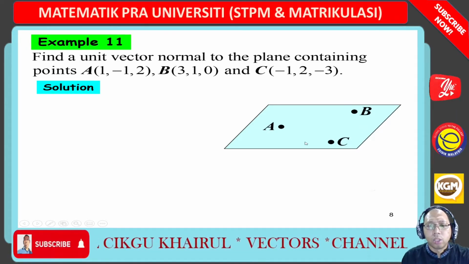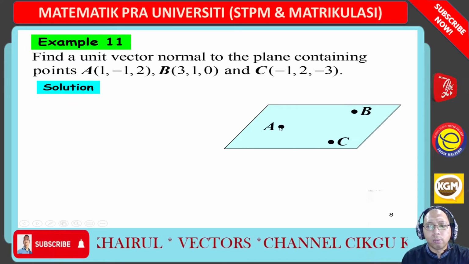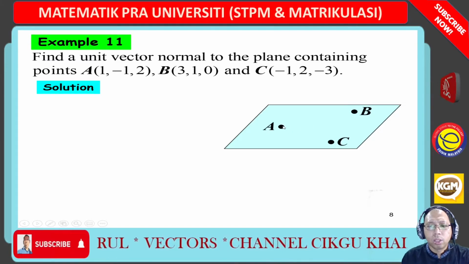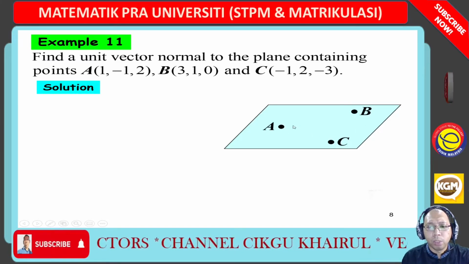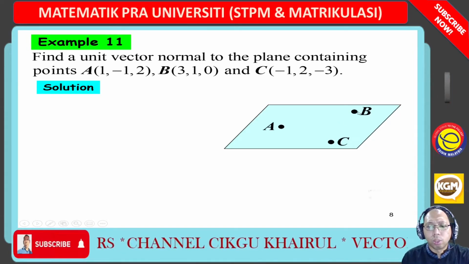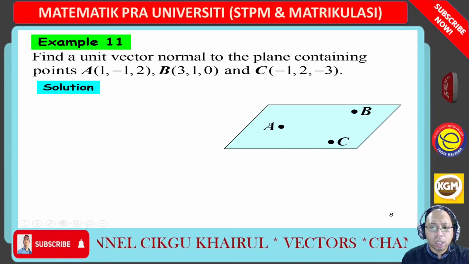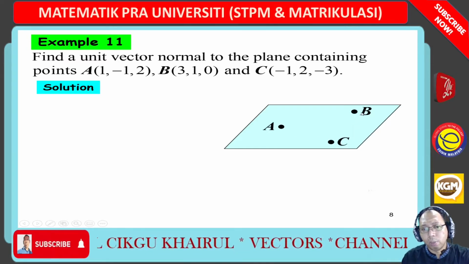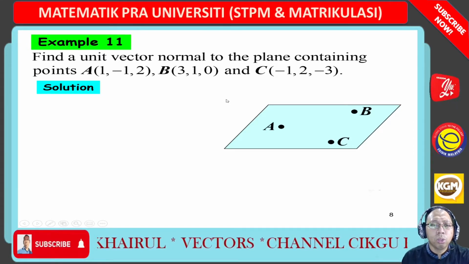So we have to find two vectors, either vector AB and vector AC, or we can find vector BA and vector BC, or we can find vector CA and vector CB. So it's up to us to decide which vectors we want to use.